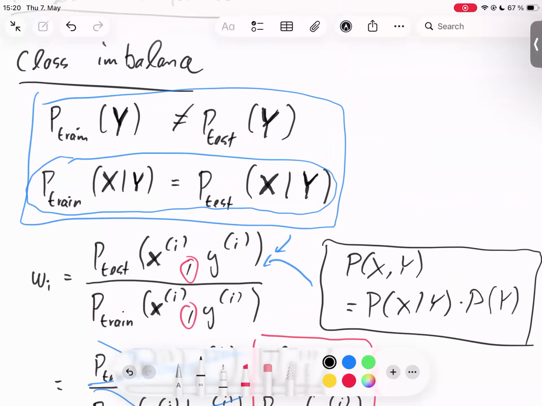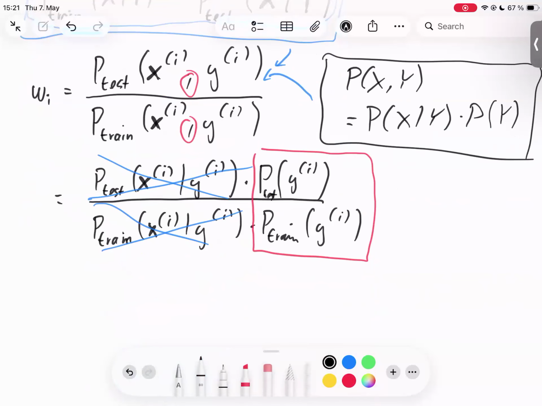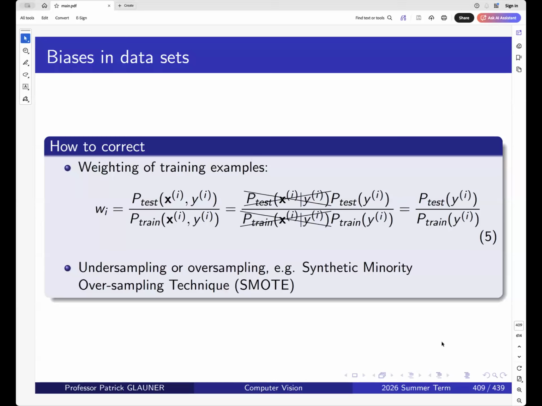And I have said this is what a class imbalance would look like: that the distribution of the labels differ, but not the data given the label. And then I can calculate this weight much easier than before. And that's exactly what I have done here. So I have just shown you this before, and now I have derived this here on the whiteboard.